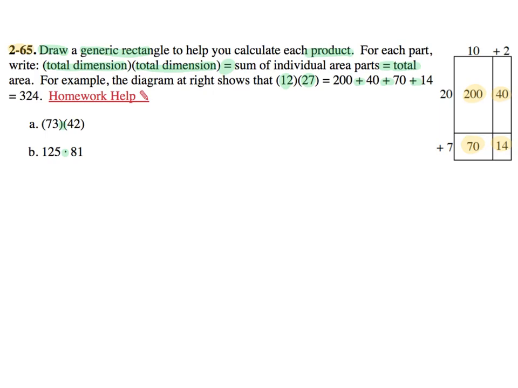Go ahead and pause the video so you can copy example A and write the vocabulary words such as draw a generic rectangle. I wrote example A on my board, and then I'm going to write that it is multiplication, so I'm going to put that dot there. To prepare the total dimensions, 73, I'm going to split it into the place of the tens and the place of the ones.